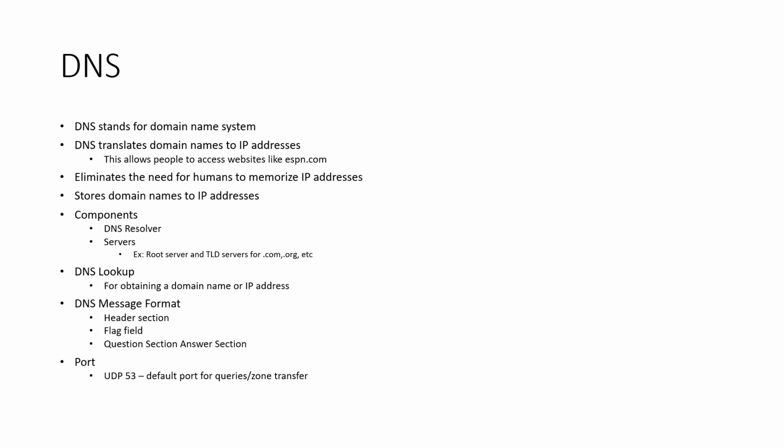We also have the DNS message format, which consists of a header section, flag field, question section, and answer section. The port for DNS would be 53. UDP 53 is the default port for queries or zone transfers.